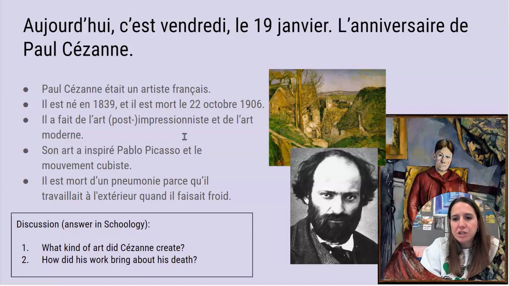So after the Impressionist movement with painters like Monet and Renoir and Degas, those artists paved the way for a new type of art that didn't look exactly like a photograph would today, that was not super realist. It played with light and with the perspective of the artist, as opposed to just painting exactly what was in front of you.